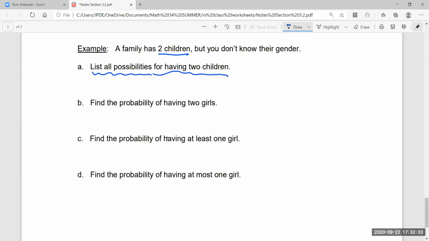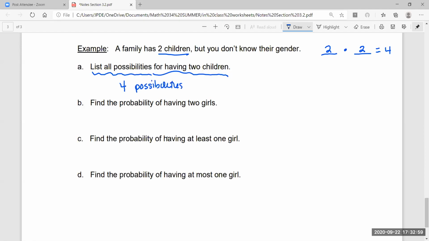So here's what I want you to think about. First child, second child. There's 2 possibilities, boy or girl, for the first child, and 2 possibilities, boy or girl, for the second child. So we should have 4 different combinations. So I'm going to say here 4 possibilities.